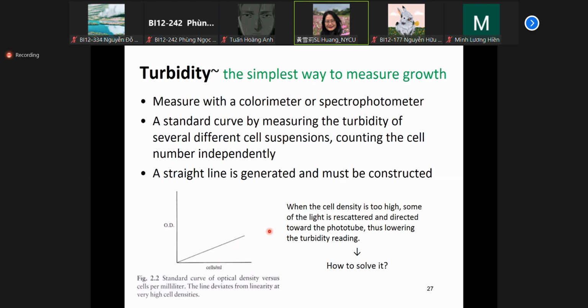So in order to best fit the standard curve in the linear range, normally we need to dilute the cell culture within the range. Therefore, we have the accurate cell numbers counted. So this is how we solve it. We need to dilute highly dense cell culture in order to make the cell count more accurate.